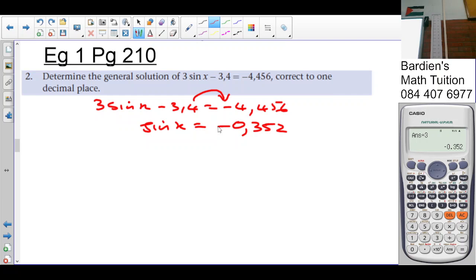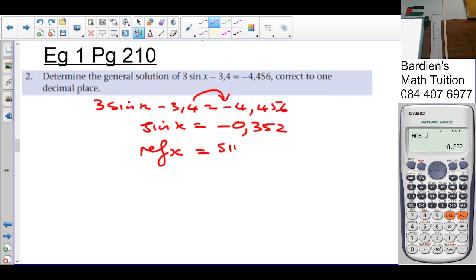Arc sine. We take it without the negative. So do your thing and write your answer in. And we call this the reference angle. Right, so what do we have?